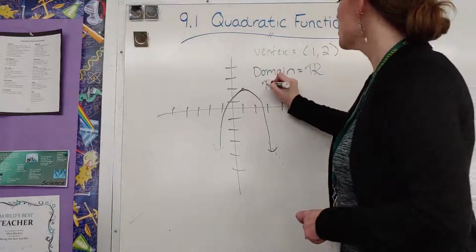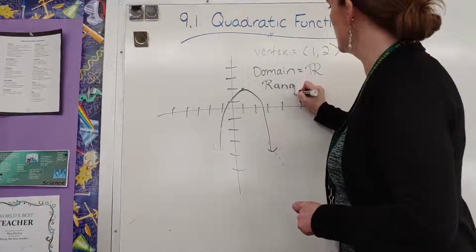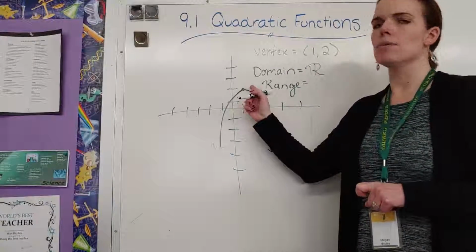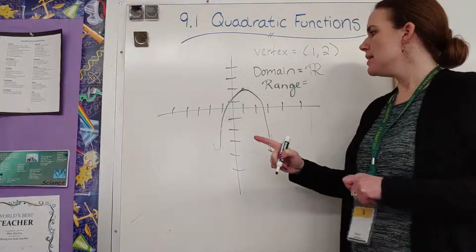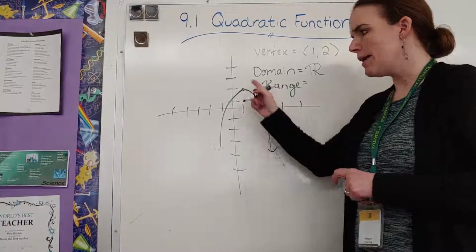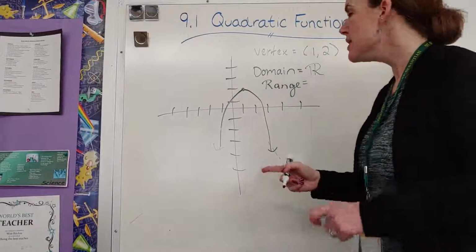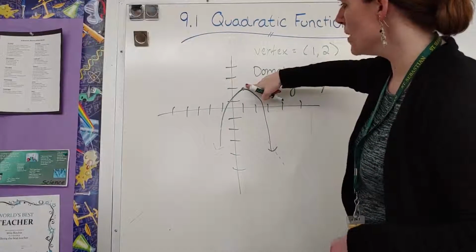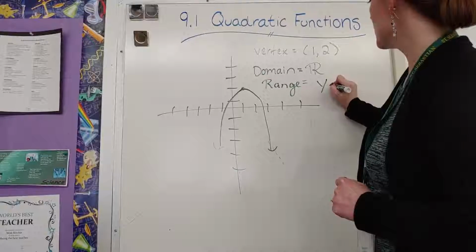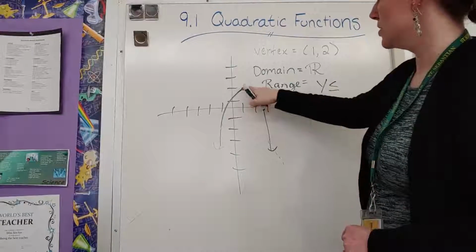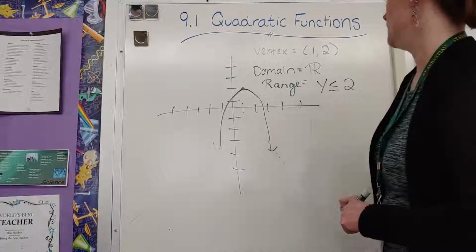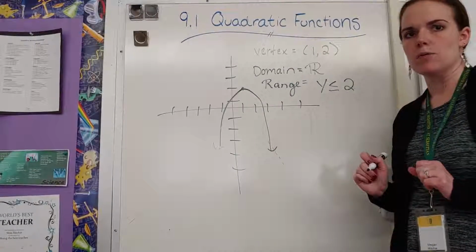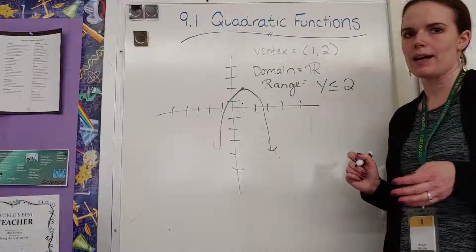Now your range. This particular picture has a maximum point. And my range is the y values. So in this case, because this is a maximum point, it's all the y values less than or equal to 2. So that is what we mean when we say domain and range, maximum and minimum.